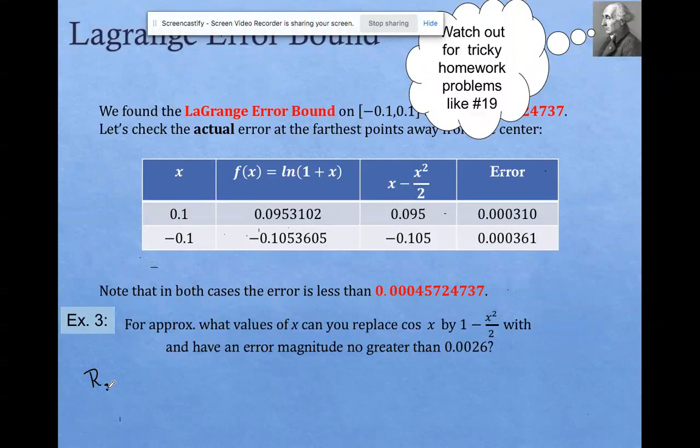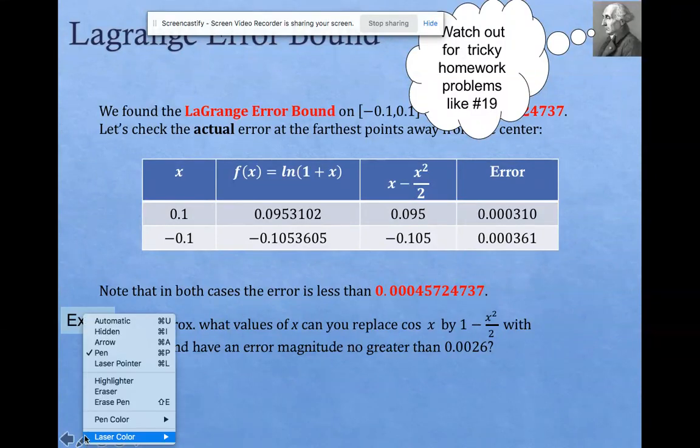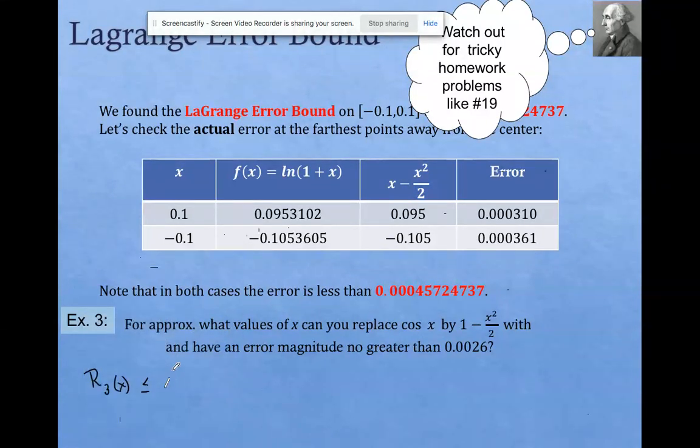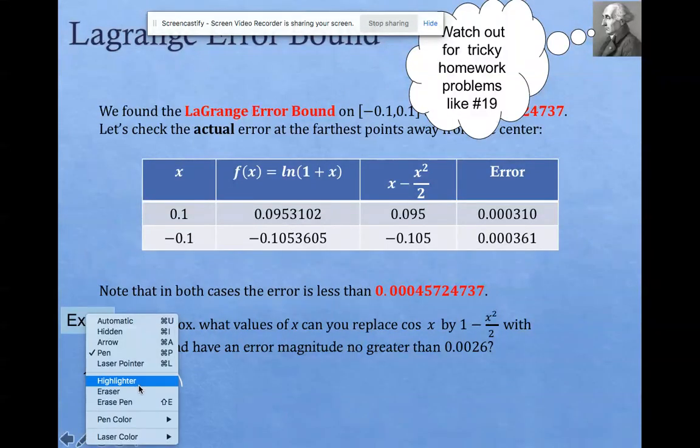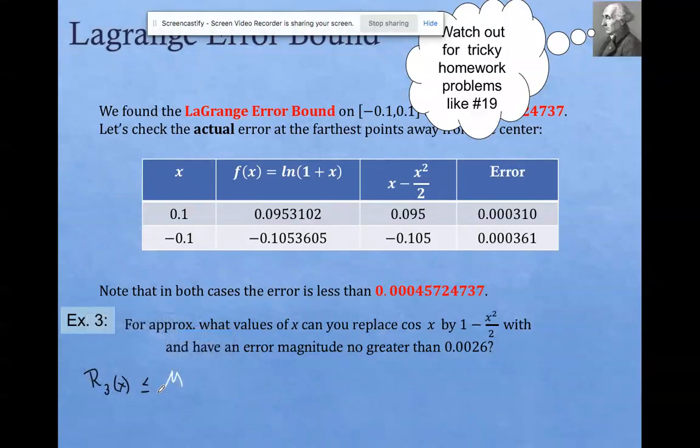So r sub 3 of x is less than or equal to m divided by 3 plus 1 factorial times x, and my center is 0, to the 3 plus 1. And that needs to be less than or equal to 0.0026.